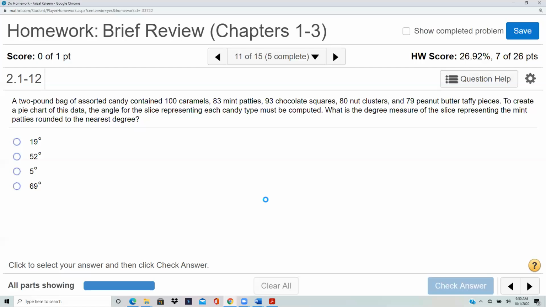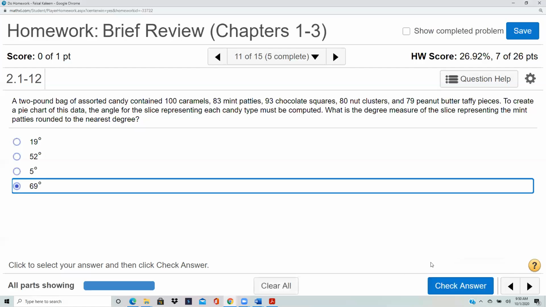So you would do 83 divided by 435. And then since you are doing the pie chart and there are 360 degrees in the circle, you would multiply that by 360. And I got 69. It rounds up to 69.